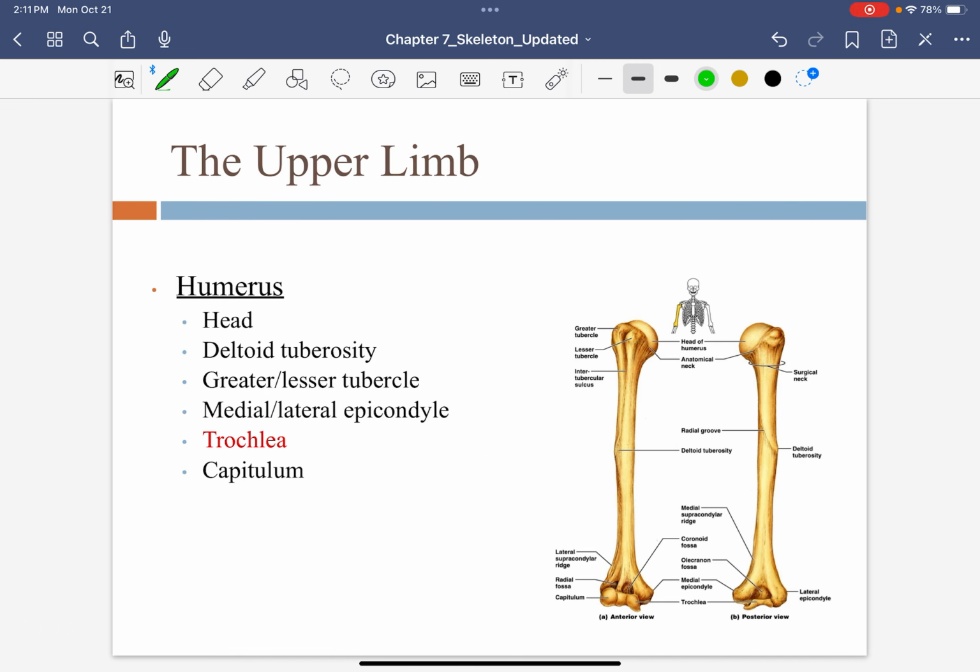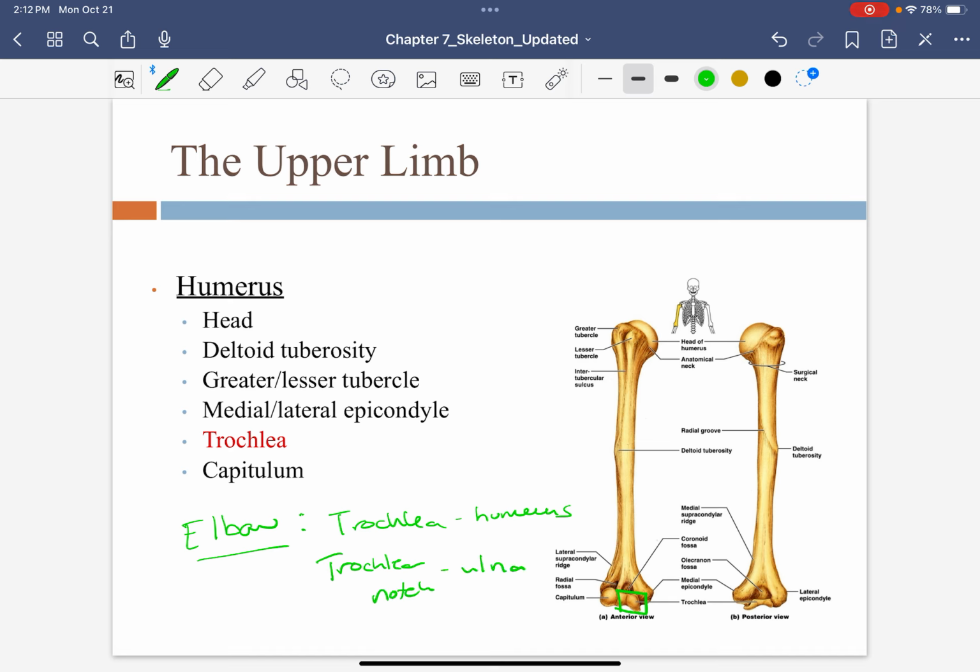Make sure you pay attention to how the bones connect. So what's going to make up the elbow joint? The elbow joint is made up of the trochlea of the humerus, the trochlea fitting into the trochlear notch of the ulna.